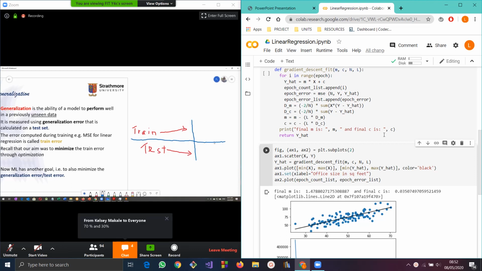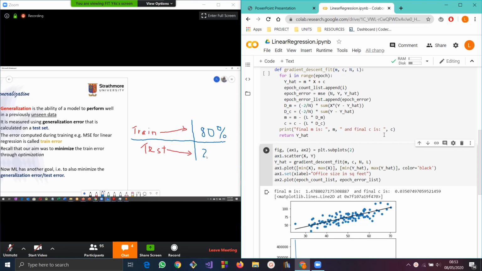Yeah, 80 to 20: 80% of the data set to train and 20% for test.